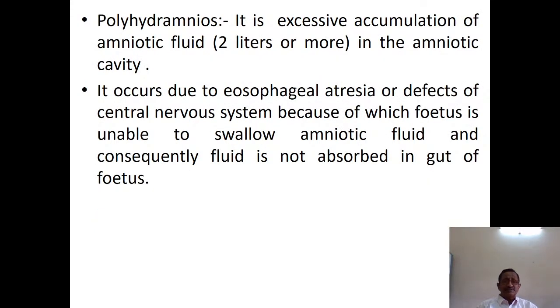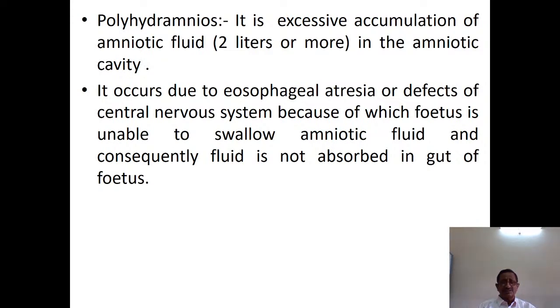Then polyhydramnios. If the amniotic fluid is in excess, more than 2 liters in the amniotic cavity, we call it polyhydramnios. This occurs due to esophageal atresia or defects of the central nervous system, which may cause the fetus to be unable to swallow amniotic fluid. Consequently, fluid is not absorbed in the gut of the fetus.